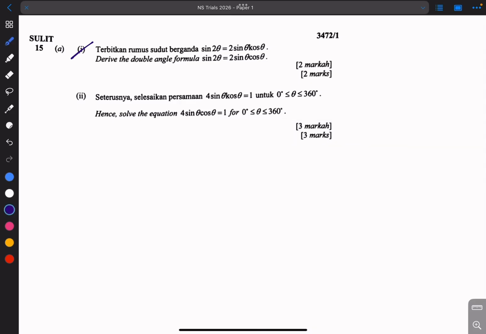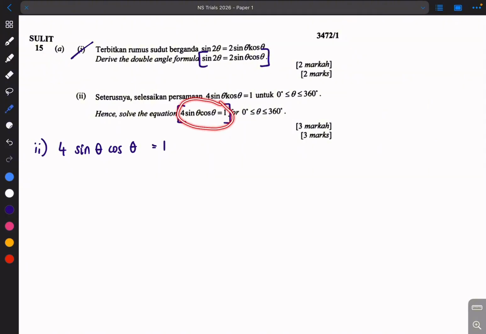Alright, let's look at number 2. Hence solve the equation for 4 sine theta cos theta equals 1. Okay. So when they say hence, that means you must use the answer from the previous question to solve this. So here we already figured out that sine 2 theta is 2 sine theta cos theta. Here we have 4 sine theta cos theta.